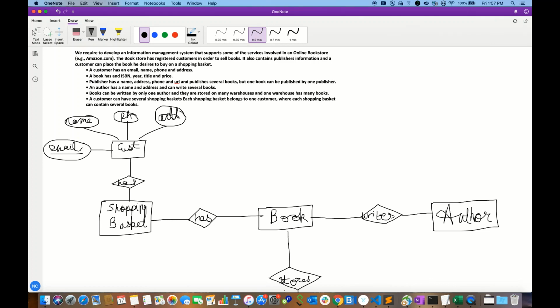Now let's move towards the shopping basket. There's nothing given about the shopping basket, so a shopping basket can be identified by just its ID, or we can just represent it by basket ID.